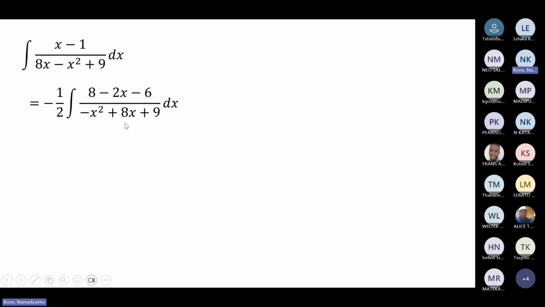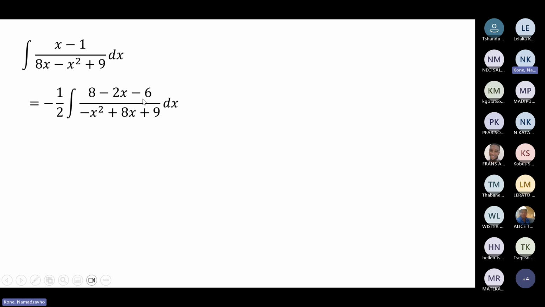So now the derivative of this thing at the bottom is minus 2x plus 8, which is this one here on top that we have created. And this minus 6 is compensating this 8 that we have brought in, because when you multiply this minus half inside here on top, minus half times this 8 gives you a minus 4, minus half times minus 2x gives you an x, minus half times minus 6 gives you a plus 3.